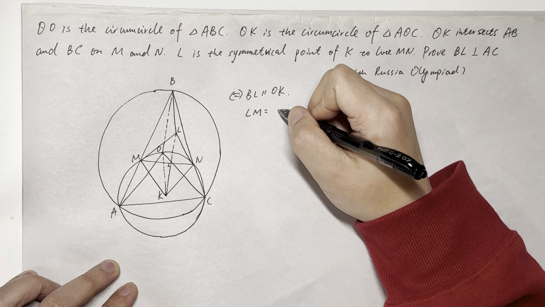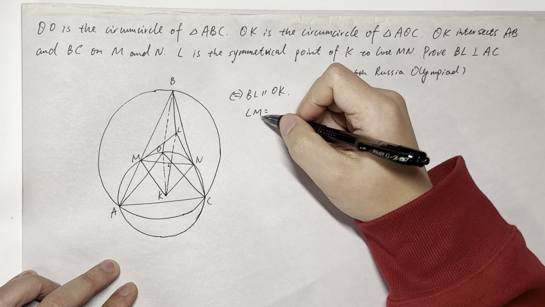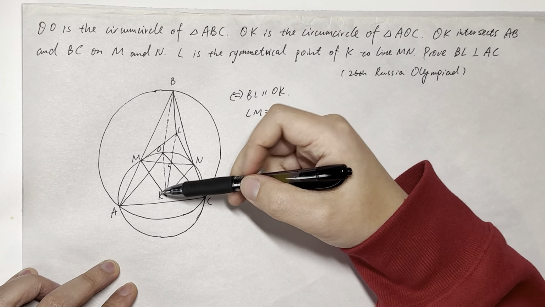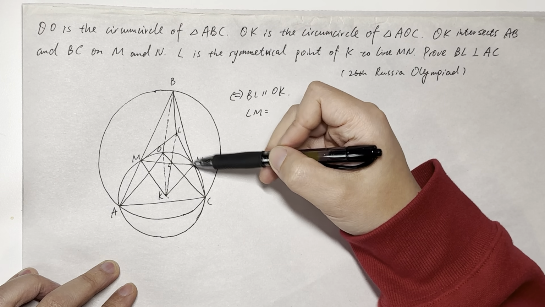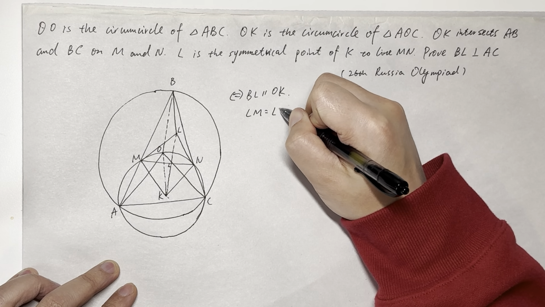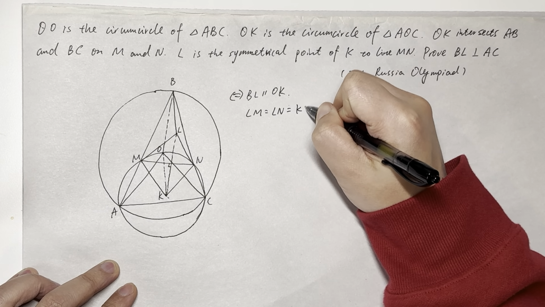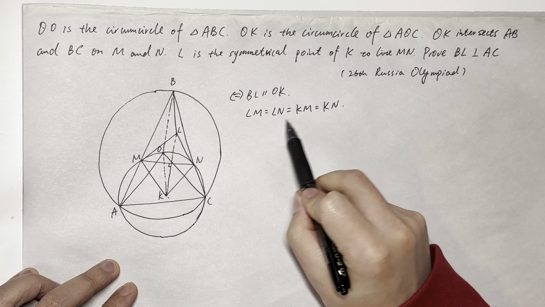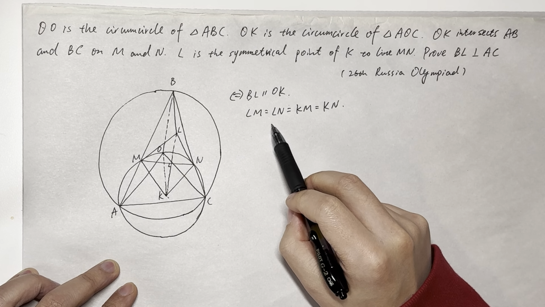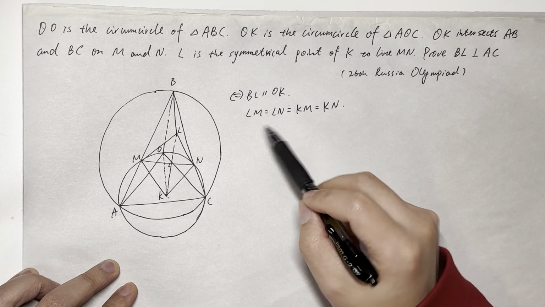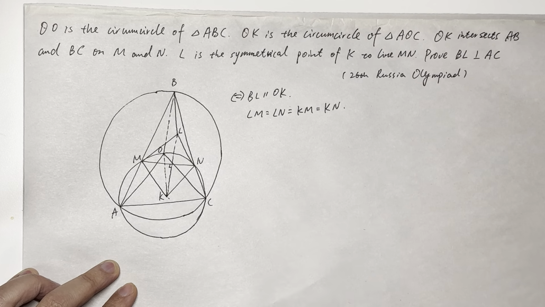I may have drawn it badly, but you know what I'm saying. Because KM equals KN, LM must equal LN. So LM equals LN equals KM equals KN. For this part, LN equals KN because L and K are symmetrical.